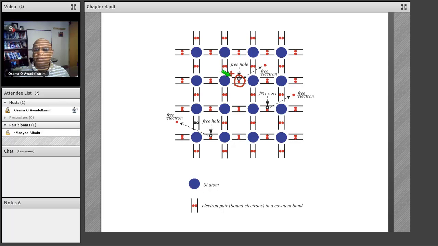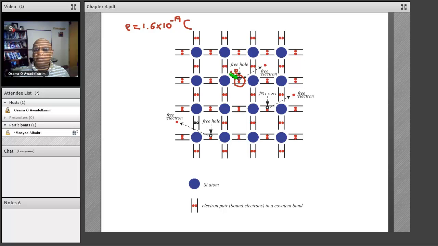So the positive charge here is the same as the electron charge, which is 1.6 times 10 to minus 19 coulomb. That is the charge we need to fill that hole. We need a negative charge to fill that hole and make it neutral. So the charge in this hole is positive 1.6 times 10 to minus 19.